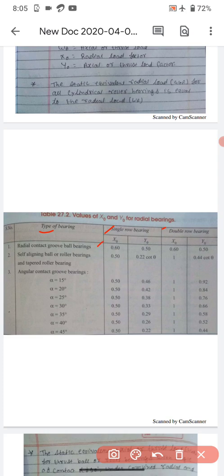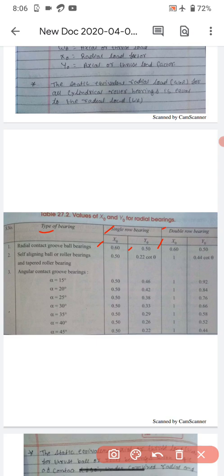In the type of bearing, first is radial contact groove ball bearing. It's given in your question that it is radial contact groove ball bearing. So X naught will be 0.60 and Y naught is equal to 0.50.